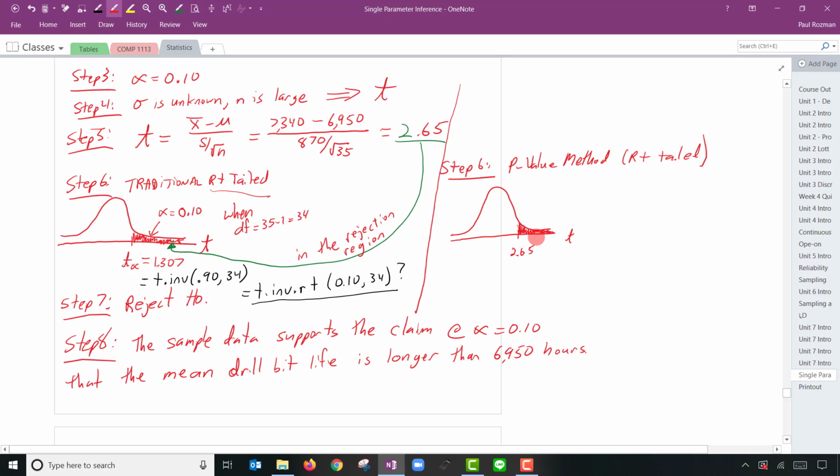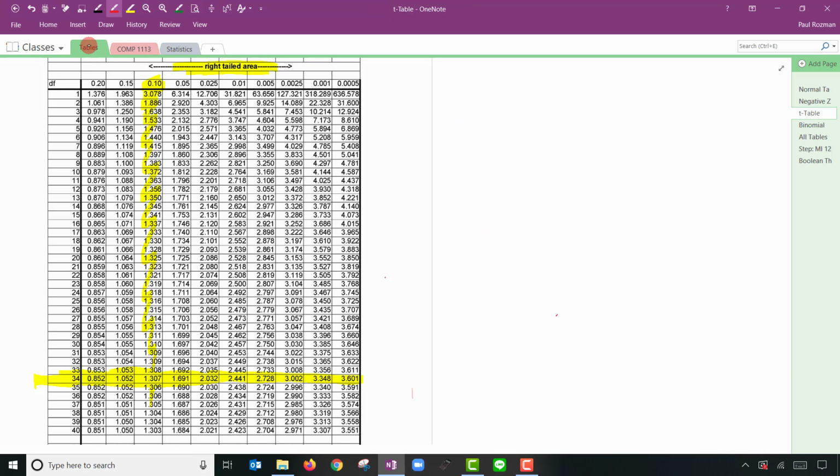I'll show you. If we go to our table and we're in row 34, we're looking for the number 2.65, but it's not in the table. Because there are so many t-tables listed here, we can't list all the values. It's not as good or easy to read as the Z table. Our t-score is somewhere between these two values.